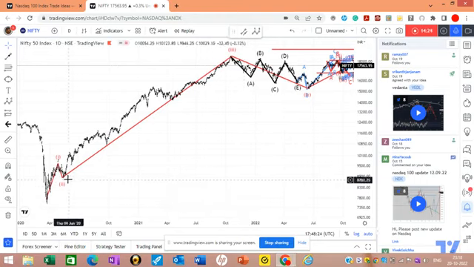Wave theory says if the third wave is an extended wave, then wave 1 is generally equal to wave 5.